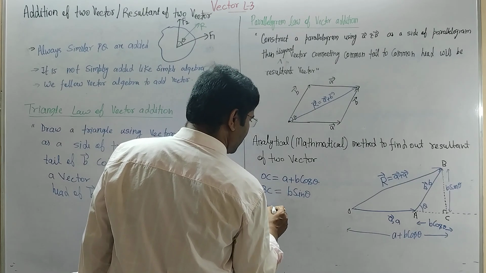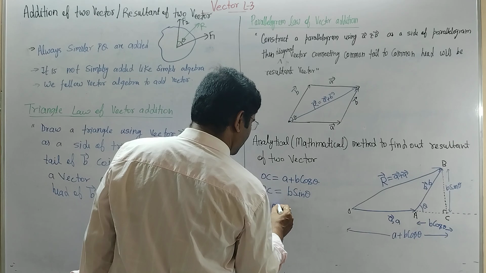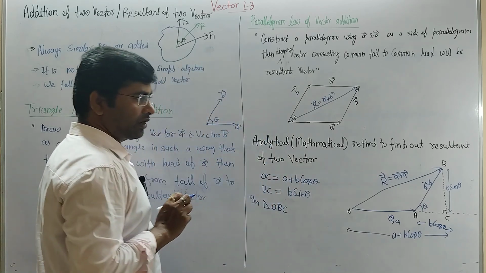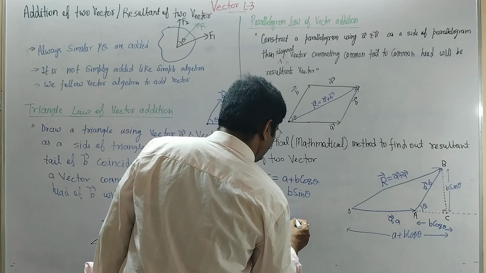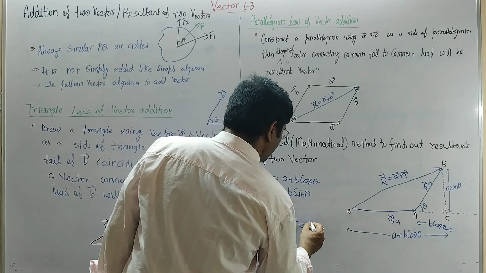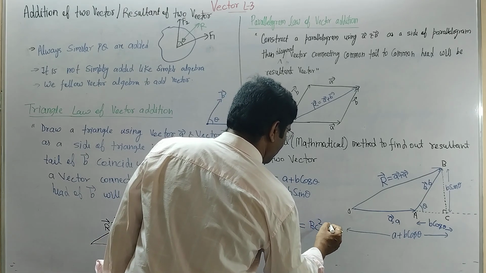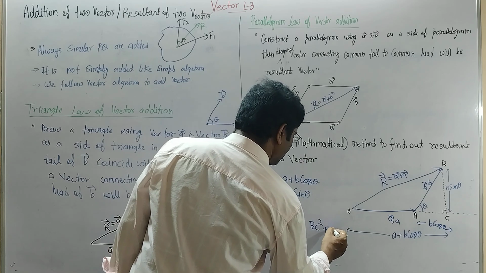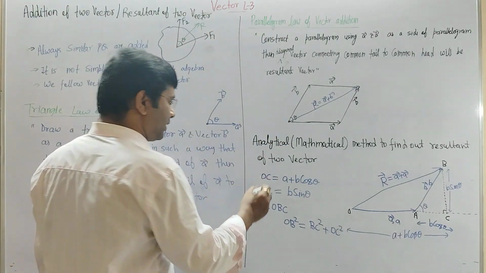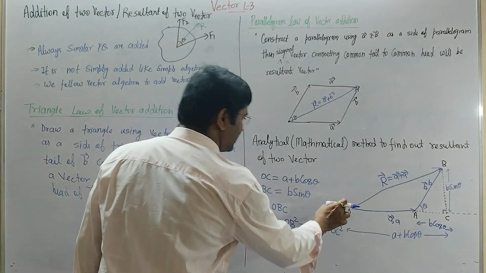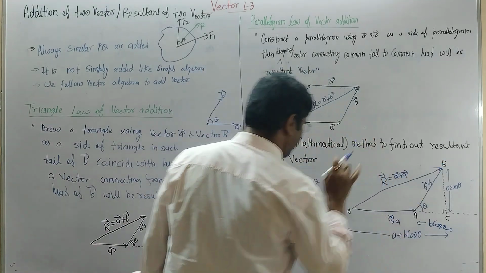So we can write here, in right angle triangle OBC, this is right angle triangle OBC, hypotenuse OB square equal to perpendicular BC square plus base OC square. OB, from O to B, is nothing but the resultant.